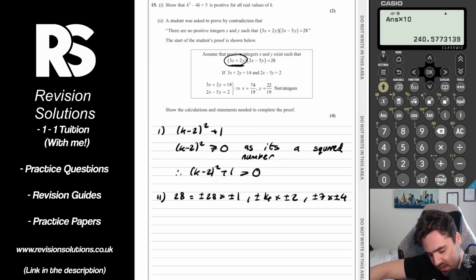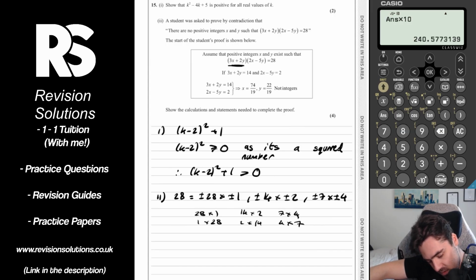Which means the other bracket would have to be positive as well, because if this one's positive, the other has to be positive for it to be possible still. So that means all the negative ones are just out. So then we just have to worry about 28 times 1 as well as 1 times 28. We have to do 14 times 2 as well as 2 times 14. We have to do 7 times 4 as well as 4 times 7.